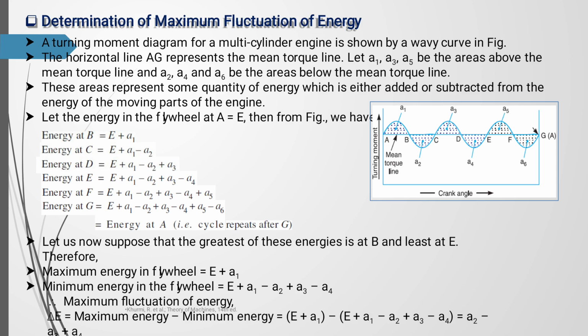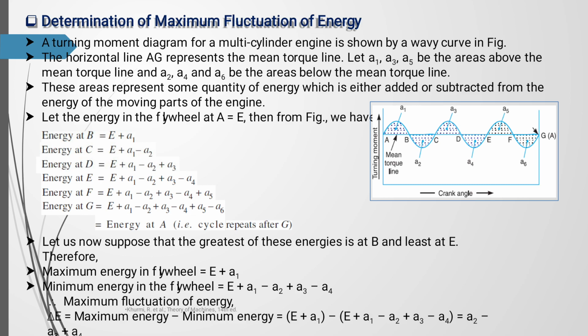Areas above the mean torque line and below the mean torque line are categorized as positive and negative energies. Negative loops are very dangerous, because they pull down the engine energy; that is the fall down of the energy. This one is the push up of the energy, and this one is the fall down of the energy.